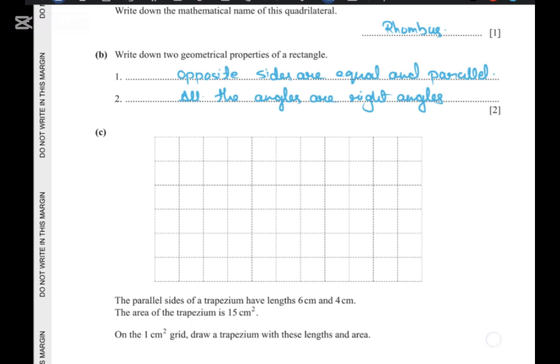So write down the formula of area of trapezium: half into height into the sum of the two parallel sides, which is 15. Now h by 2 into 10, 6 plus 4 is 10, is equal to 15.